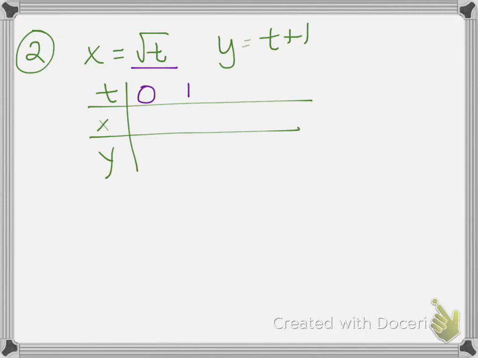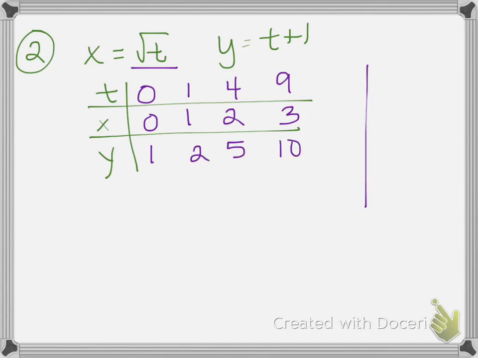And I want to find things I can take the square root of easily, so I might just do like 0, 1, 4, maybe 9. And then plug those values in to get x and to get y. Then I graph them. Just be sure that you recognize where you start, because we're going to have to put that arrow on it.